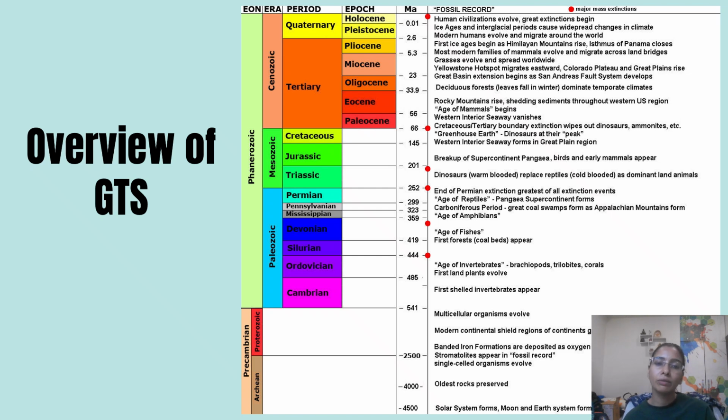Then the eon was Phanerozoic, which is again divided into three eras: Paleozoic, Mesozoic, and Cenozoic. The very famous animals, dinosaurs, evolved during the Mesozoic era, the history of which we get from the fossil record.